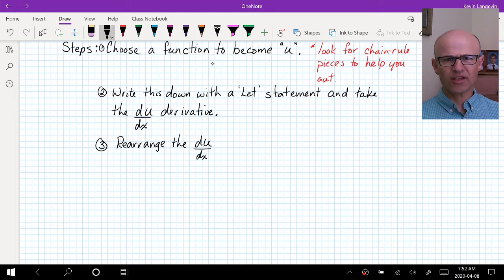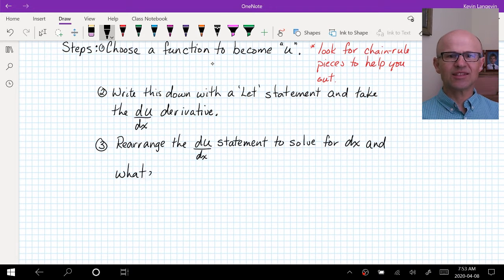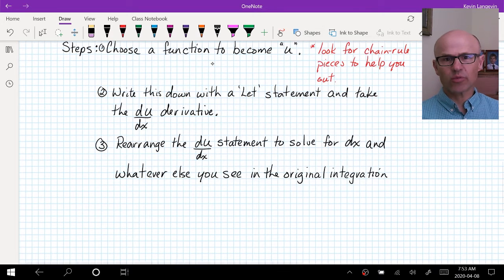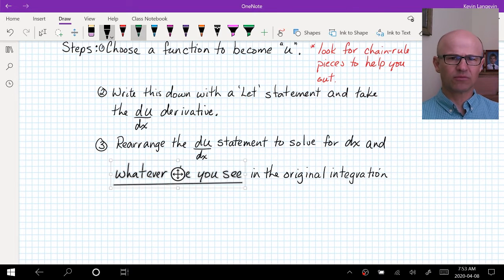We're going to rearrange the du by dx statement using basic algebra to get the dx and whatever else that we might have already seen in the integration on one side, so that we'll be able to replace it in a later step.